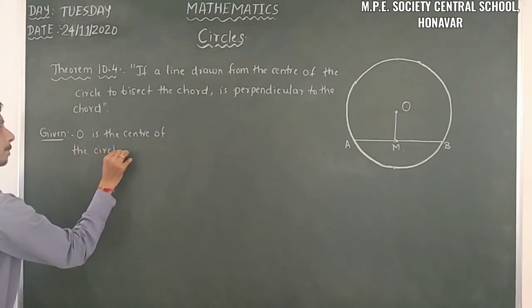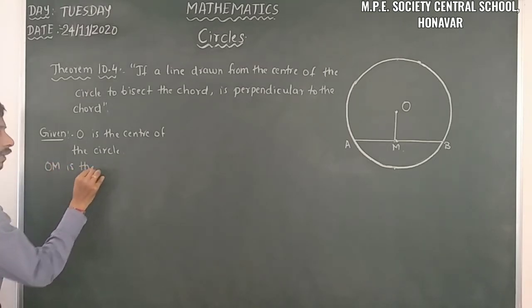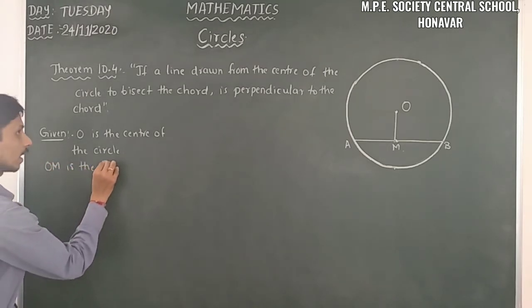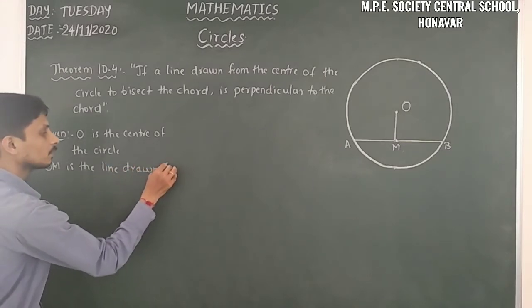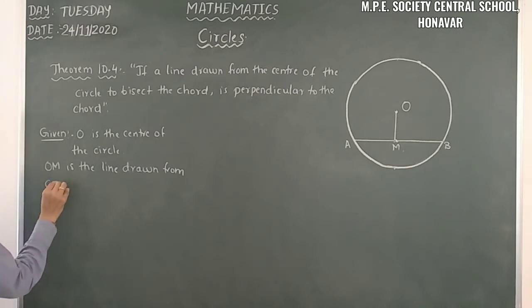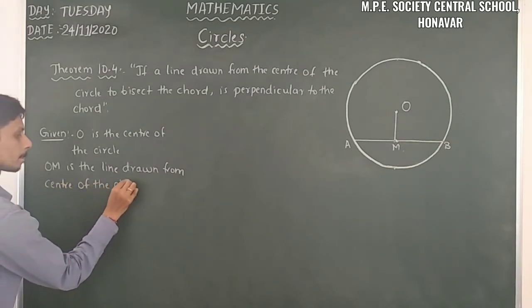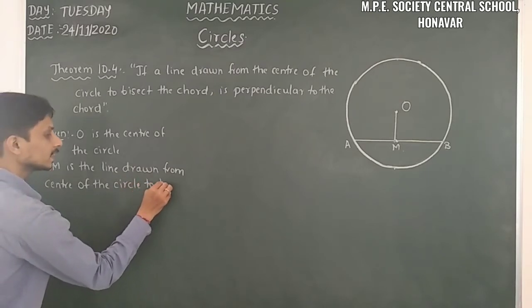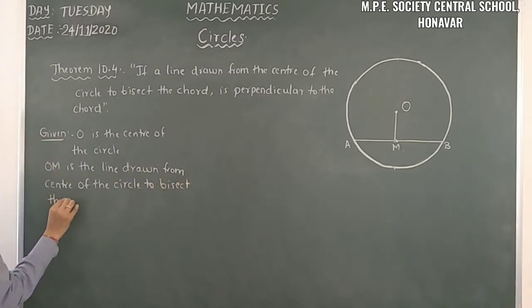And OM is the line drawn from the center of the circle to bisect the chord.